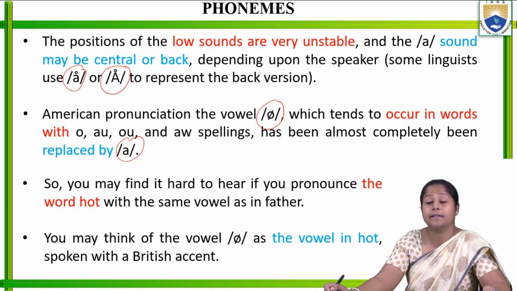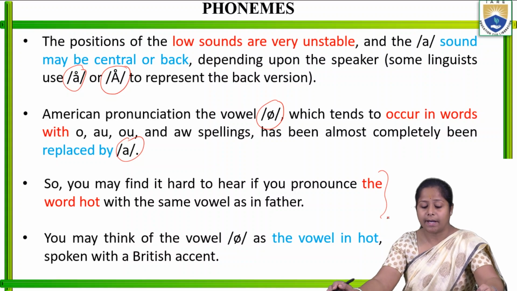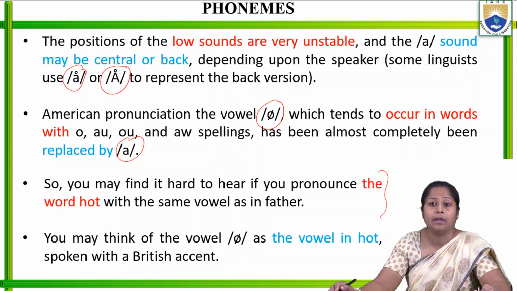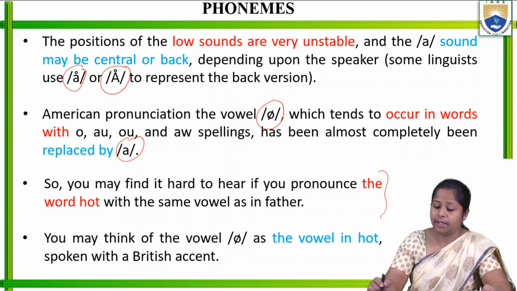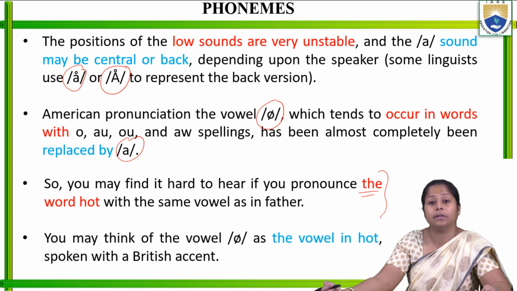Whenever the speaker speaks, they need to write it in the form of a script. So you may find sometimes that it is hard to hear. So if you pronounce the word hot with the same vowel as in father, that is how it is replaced with the help of this transcript.